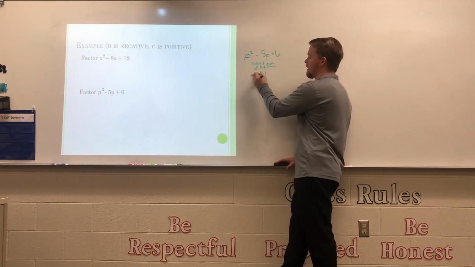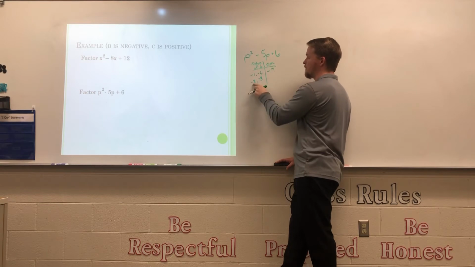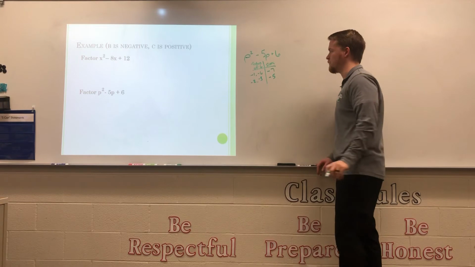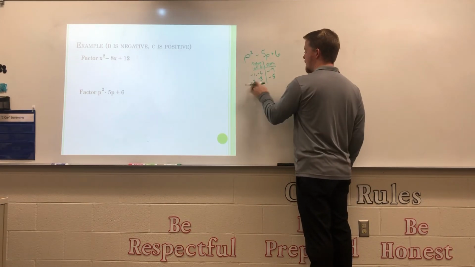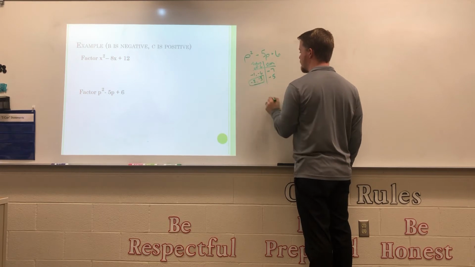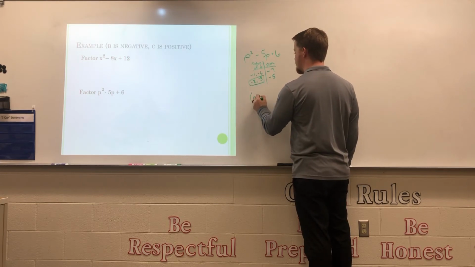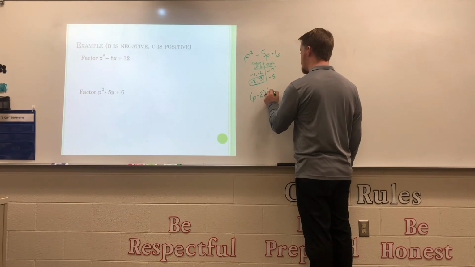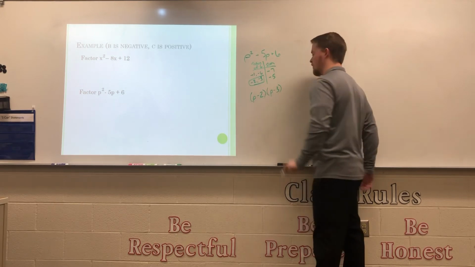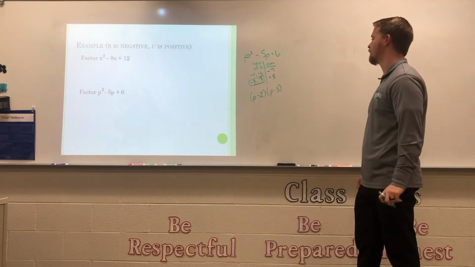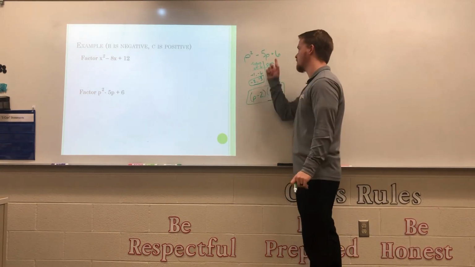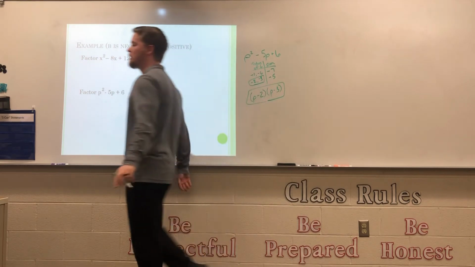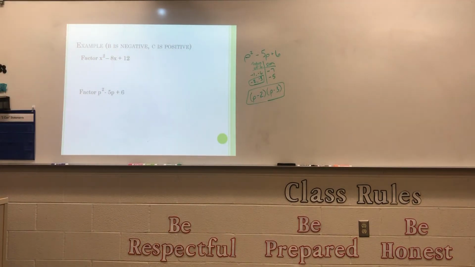So when I add these up, negative 1 plus negative 6 is negative 7, negative 2 plus negative 3 is negative 5. So you just look and see that negative 5 is my b. That matches these factors. So my answer would be p minus 2 and p minus 3. So very straightforward on that as well. So just making sure you recognize when c is positive, b is negative, you need two negative factors.